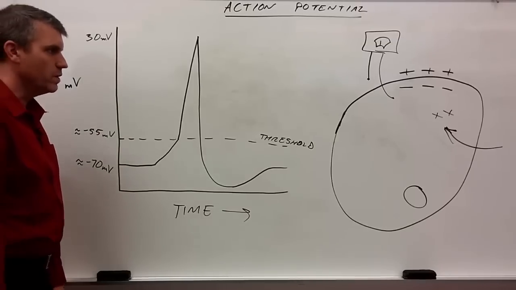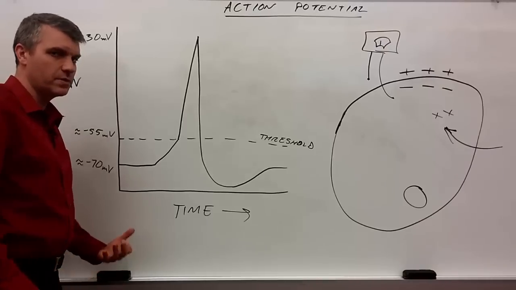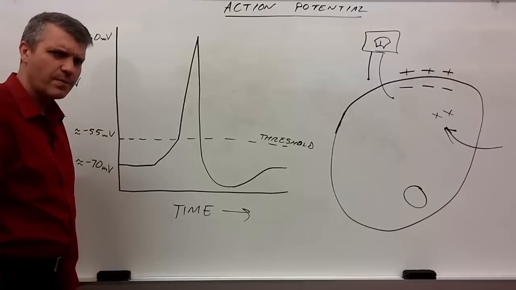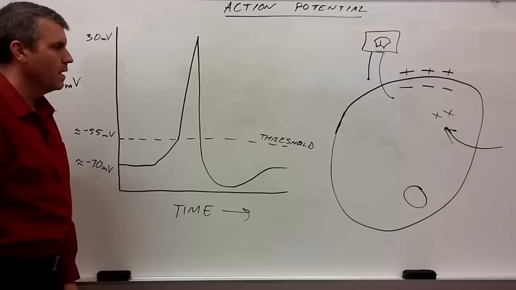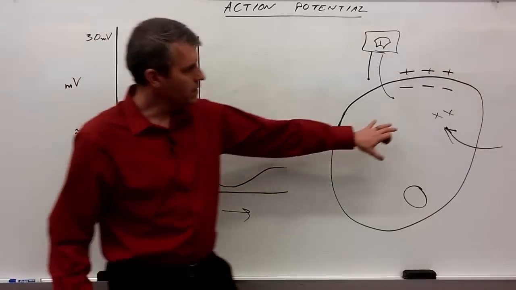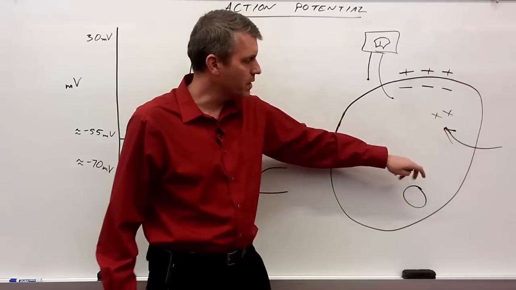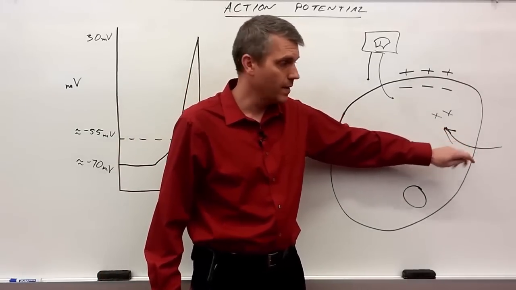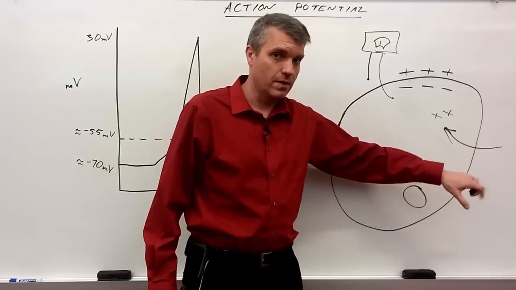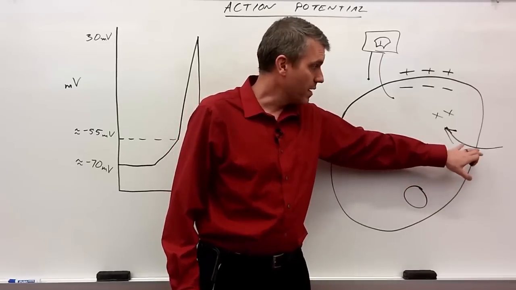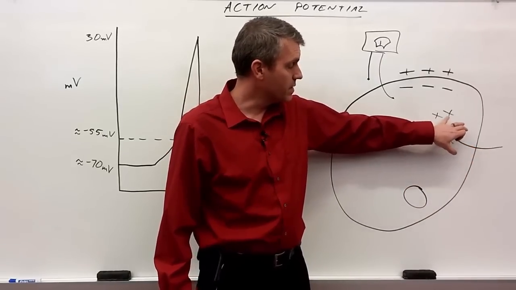So the real question, and to really understand it, how does this happen? What's causing this to happen? I won't get into what stimulates it. That's kind of a separate subject, but it also involves channels in the membrane and stimulus, either another neuron or something else causing that positive charge to come into the cell.